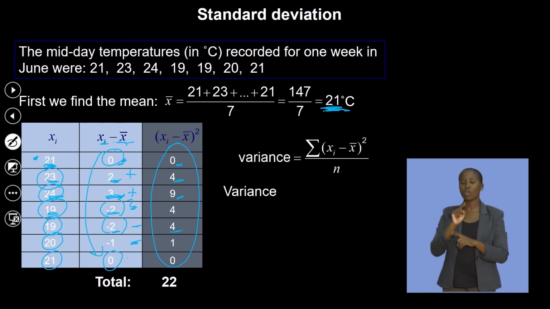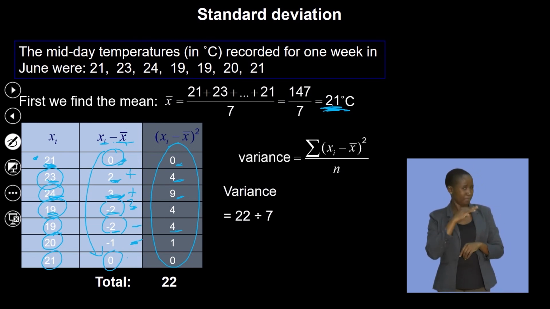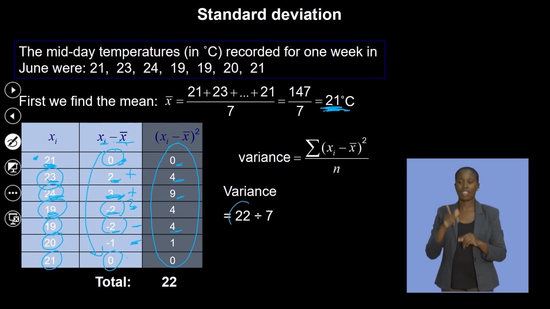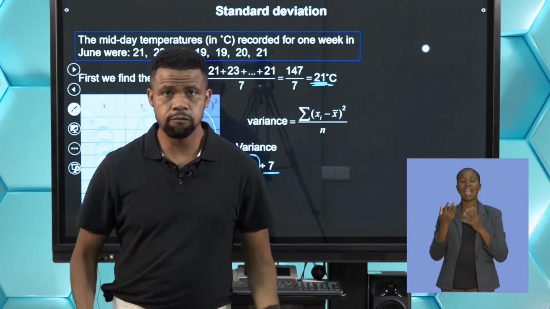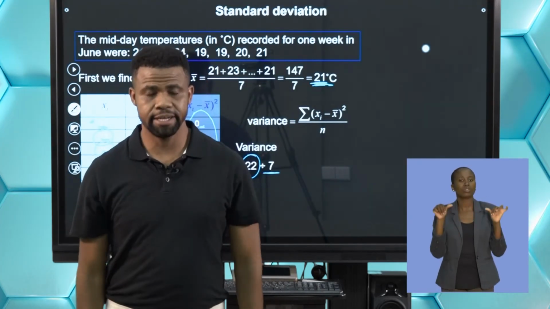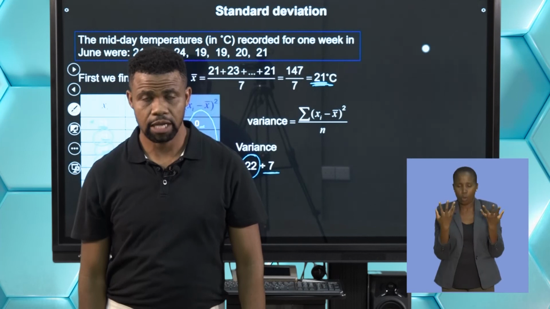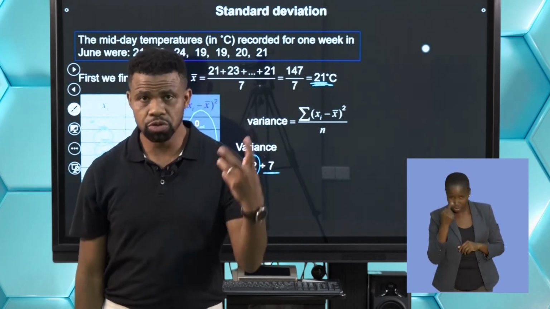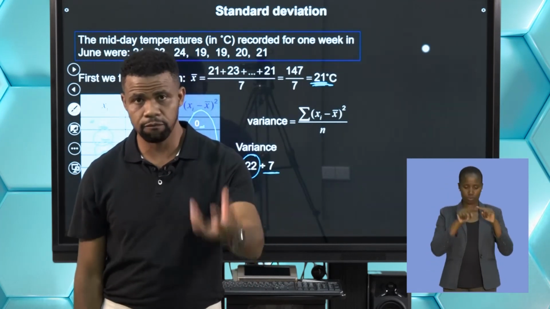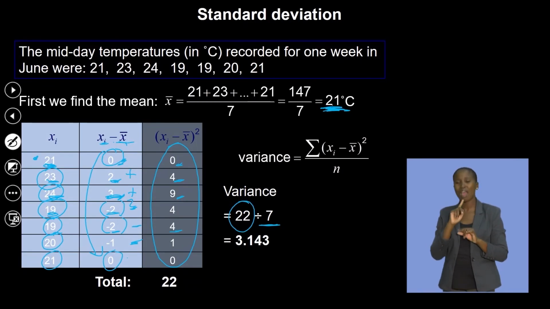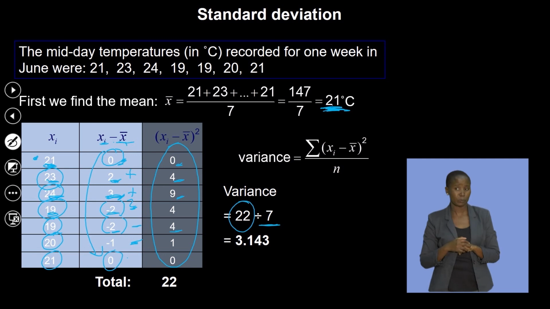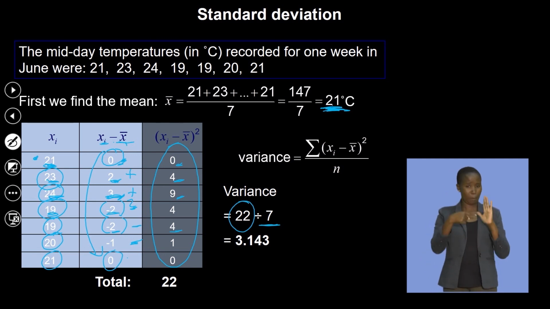Now, what does this mean? This is our variance. That will be 22 divided by the size of our data. Are we together? So 22 divided by the size of our data will give us 3.143.